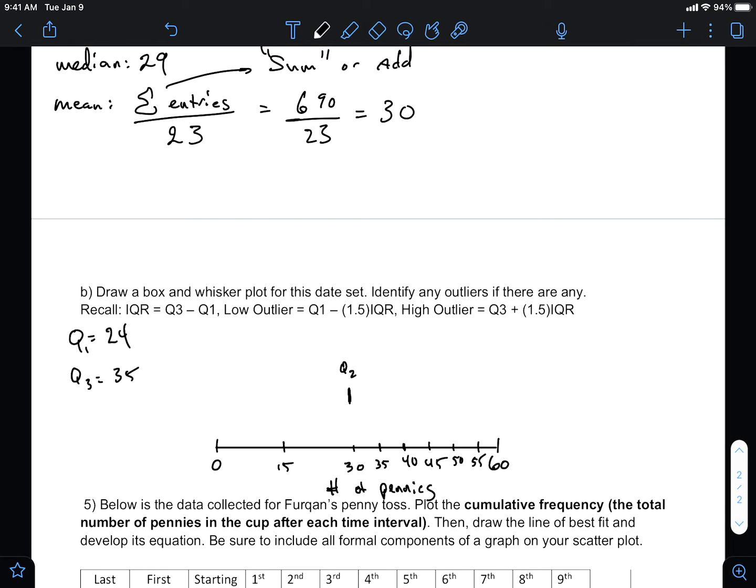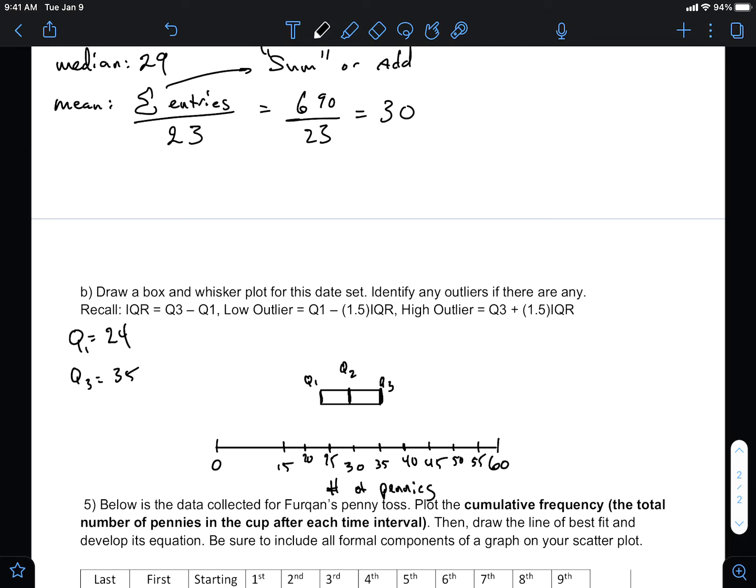Okay, 35 is here. And then I've got to go find 24. Are we happy? Here's Q1, Q3.